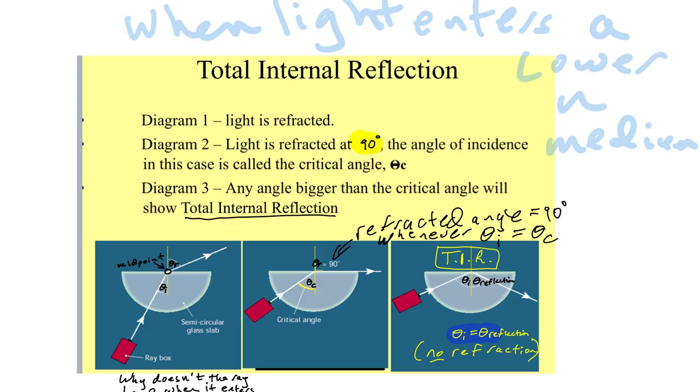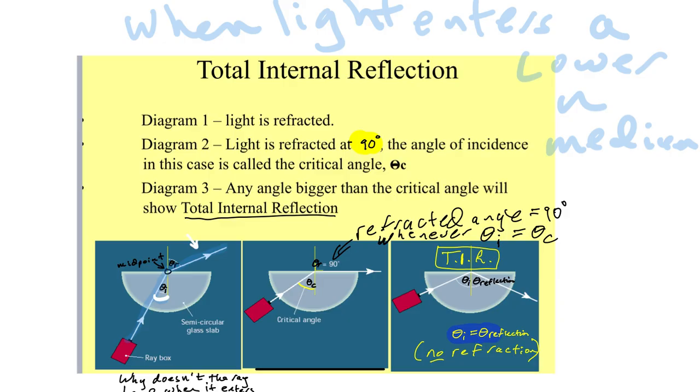Remember that light bends away from the normal when it enters a lower n medium. The bigger this angle of incidence gets, the more the refracted ray bends away from the normal.